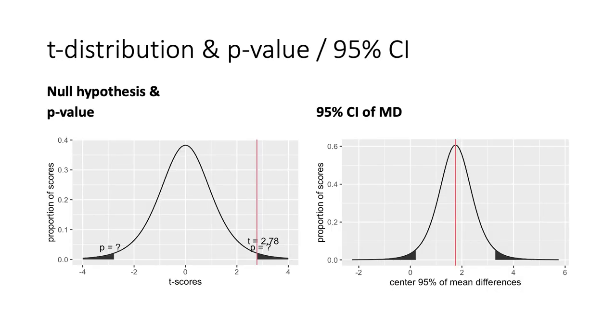So how do we use the t-distribution in practice? Well, essentially, for our p-value, it's just like the example we did to figure out the definition of p-value, except the shape is a t-shape, not normal. Now, one of the things you'll notice is that instead of mean differences as my x-axis or number line, I have t-scores.